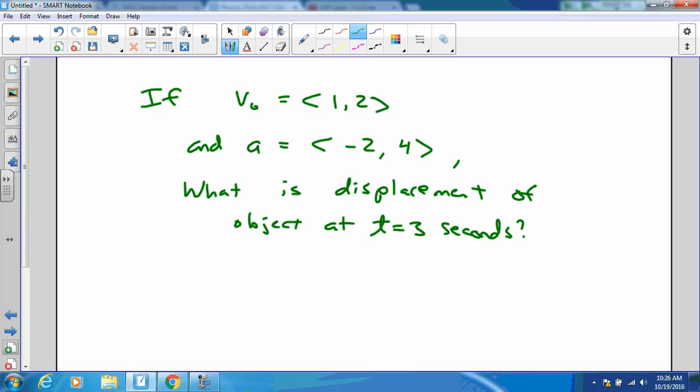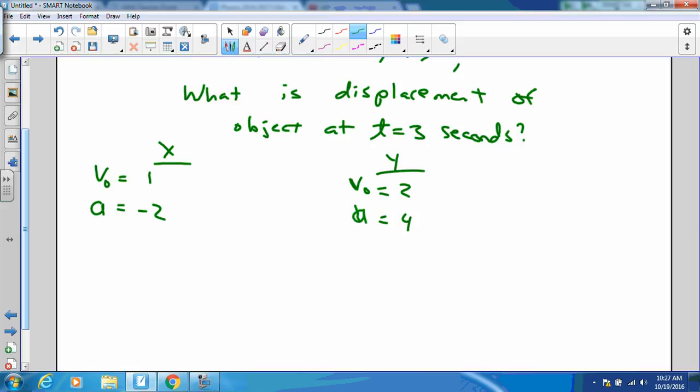How do we proceed? Yeah. Split up into X and Y, good. What do I have in the X, what do I have in the Y? For the X, we have velocity is 1, and then acceleration is negative 1. And in the Y? Velocity is 2, and acceleration is 4. Good. And what other piece of information is true for both columns? T equals 3. Exactly.